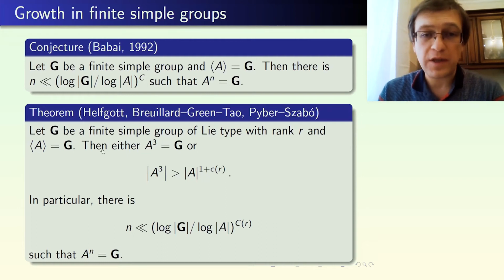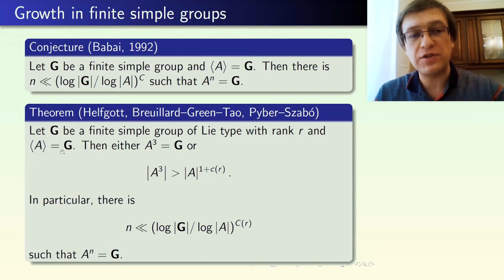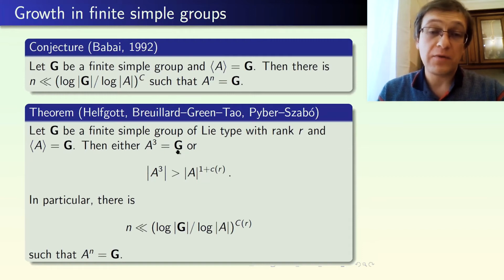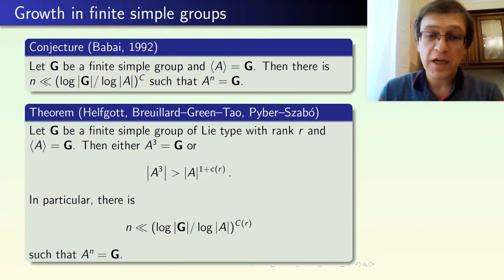So they proved that for any such group and any set A which generates G, either the cube of A, A times A times A, equals the whole group, or I have exponential growth of A. In particular, it's an easy implication that for such N, I have A to the N equal to G.